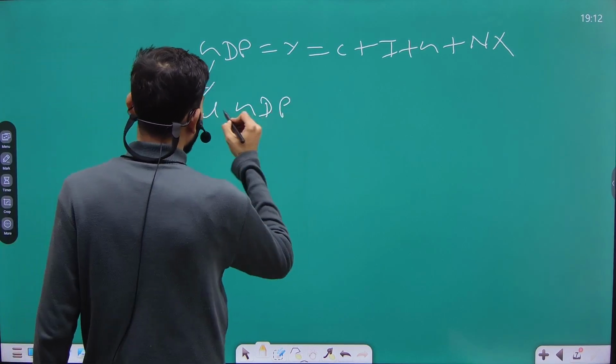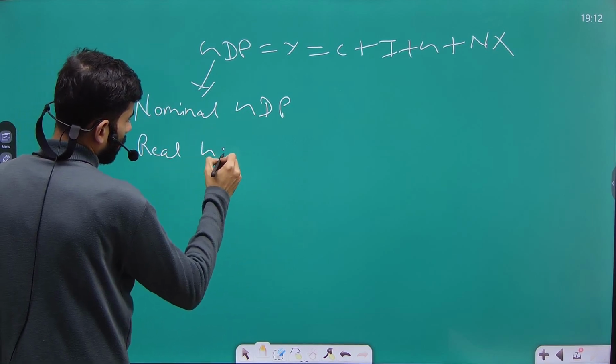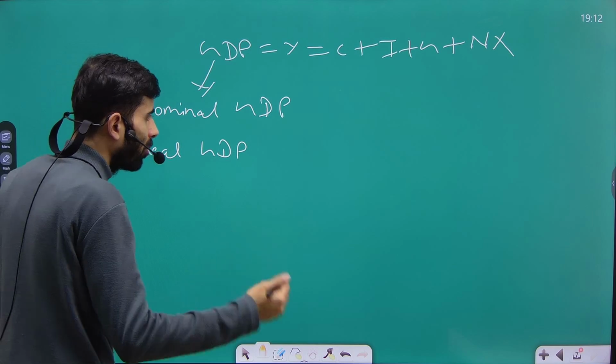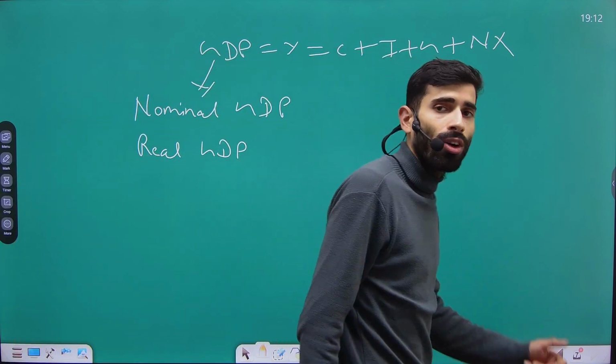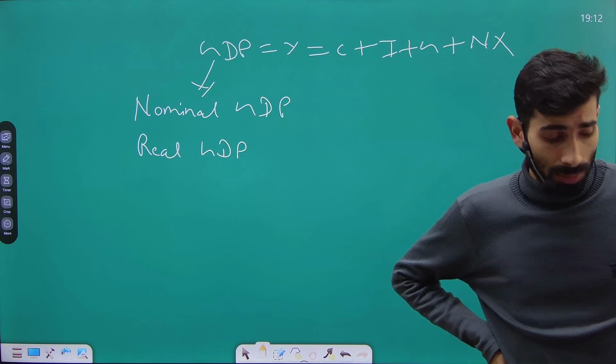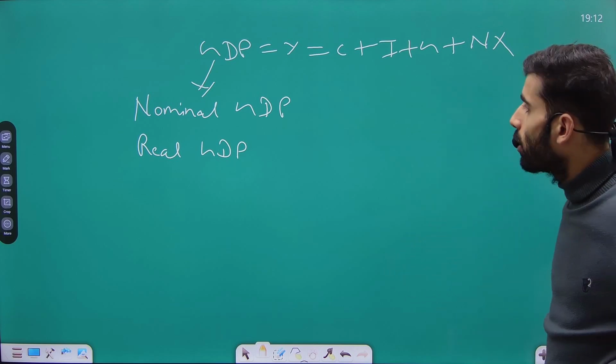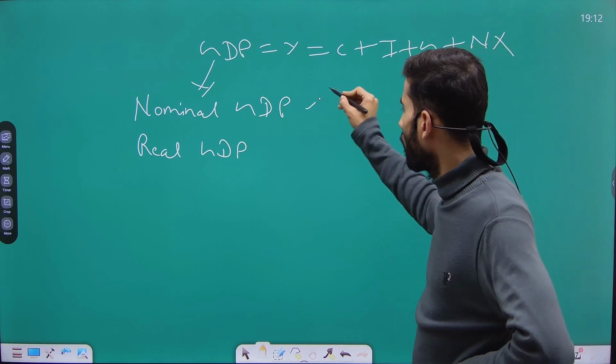And there is another term which is known as real GDP. Now you might be wondering, what is nominal GDP or what is real GDP? So basically any variable which is measured in terms of current prices is nominal.